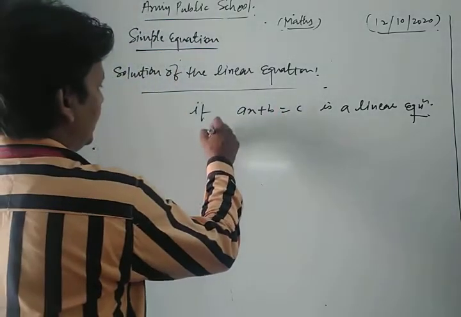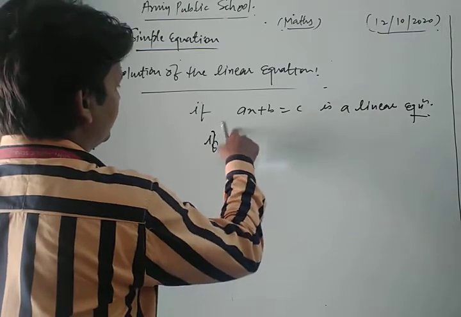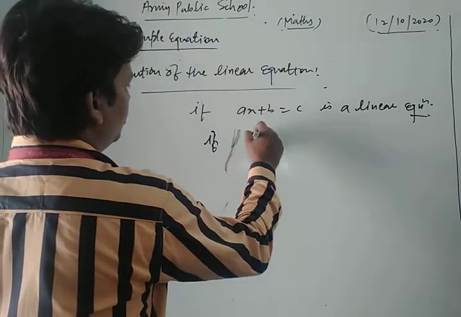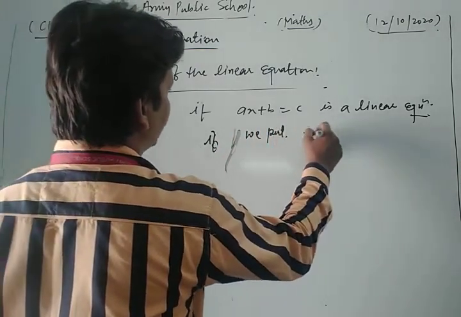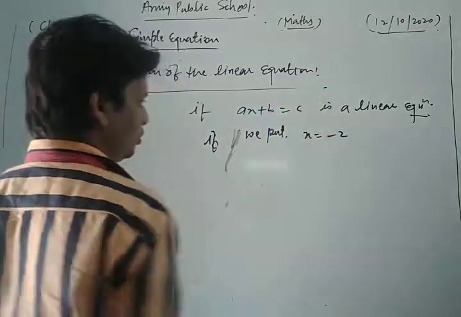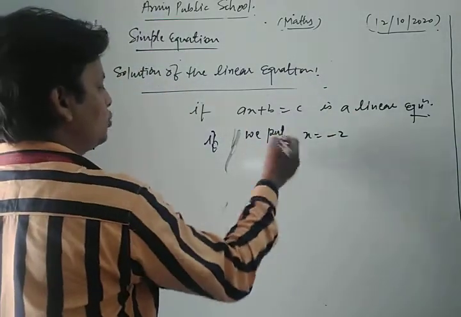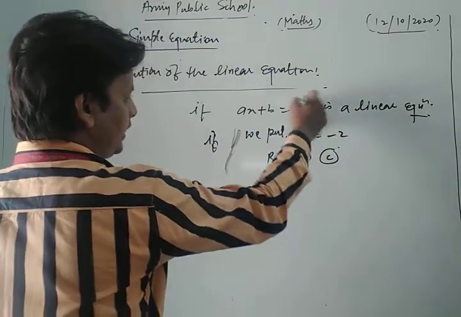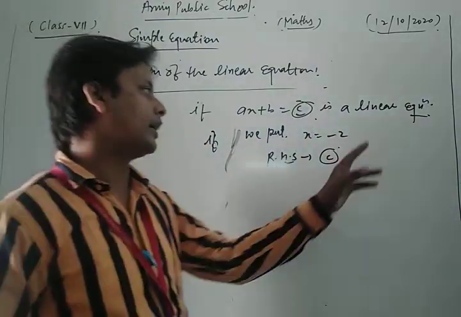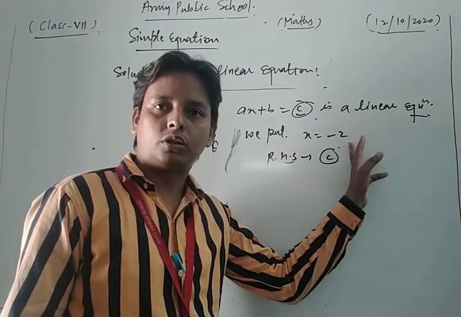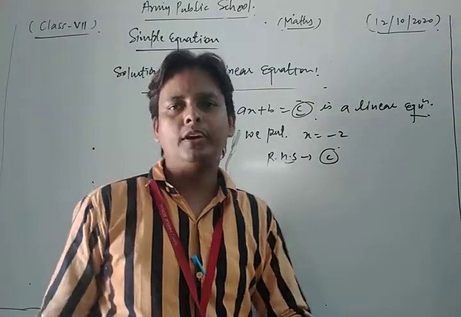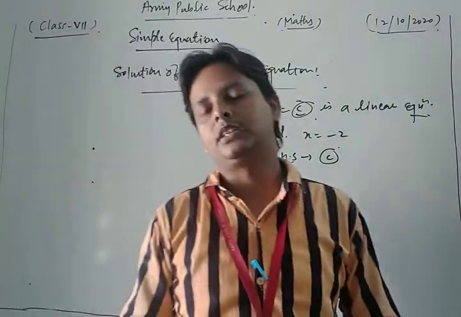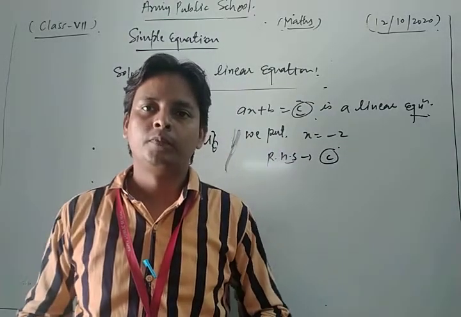Suppose we put x equal to, say, minus 2, and after putting x equal to minus 2 we get our right hand side, that is c. Then we can say that x is equal to minus 2 is the solution of the given equation. So any value of x which satisfies the given equation is known as its solution.